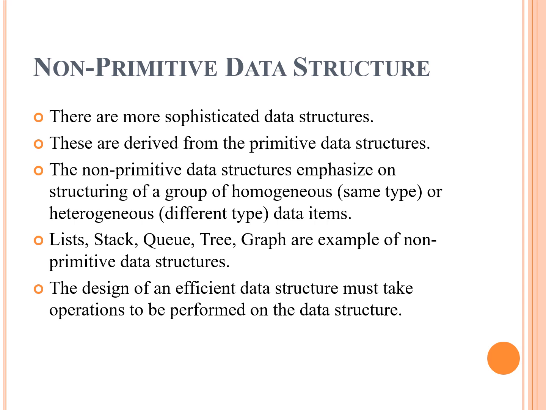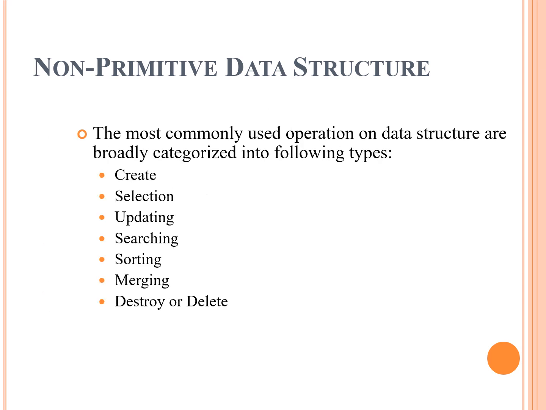List, stack, queue, tree, and graph are examples of non-primitive data structures. The design of an efficient data structure must take into account the operations to be performed on it. The non-primitive data structure mainly uses the following operations: create, selection, updating, searching, sorting, merging, and deleting.